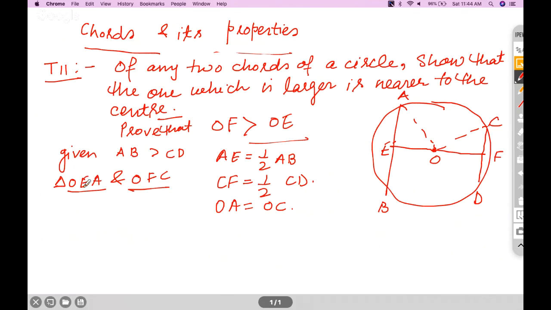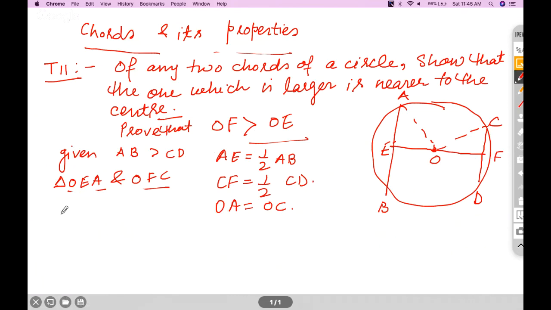So let's apply Pythagoras theorem in it. By the Pythagoras theorem, OA square is equal to OE square plus... sorry, one second, not plus. Let me write the Pythagoras theorem correctly.